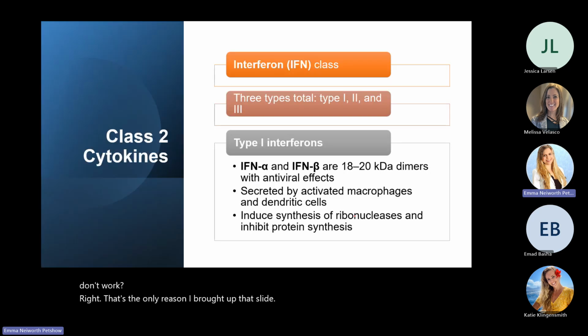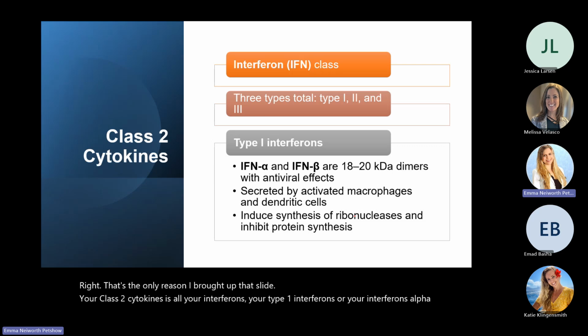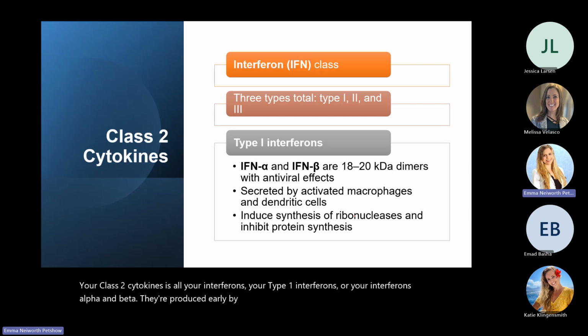Your class 2 cytokines are all your interferons. Your type 1 interferons are interferon alpha and beta. They're produced early by activated macrophages and dendritic cells in response to viral infection or intracellular pathogens.